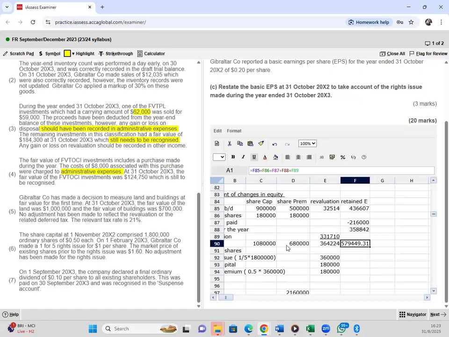Okay. Let's move on to the last part of the calculation, which was to calculate the earnings per share.